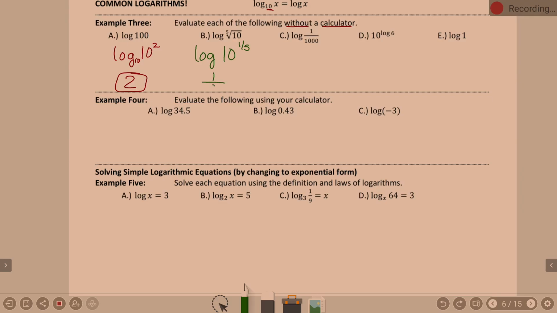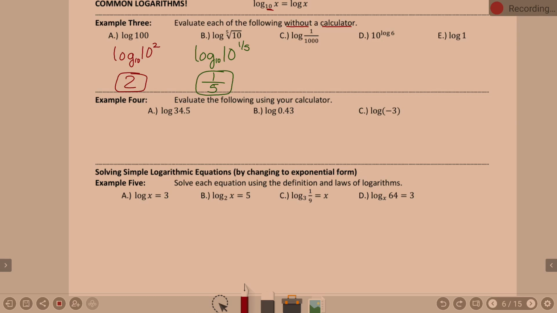Now, I'll be honest. If you tell me the answer is the decimal 0.2, I'm more likely to believe you used the calculator. Fair enough? Okay. And again, that's because it was log base 10 of 10 to the 1/5. Okay, what about C?